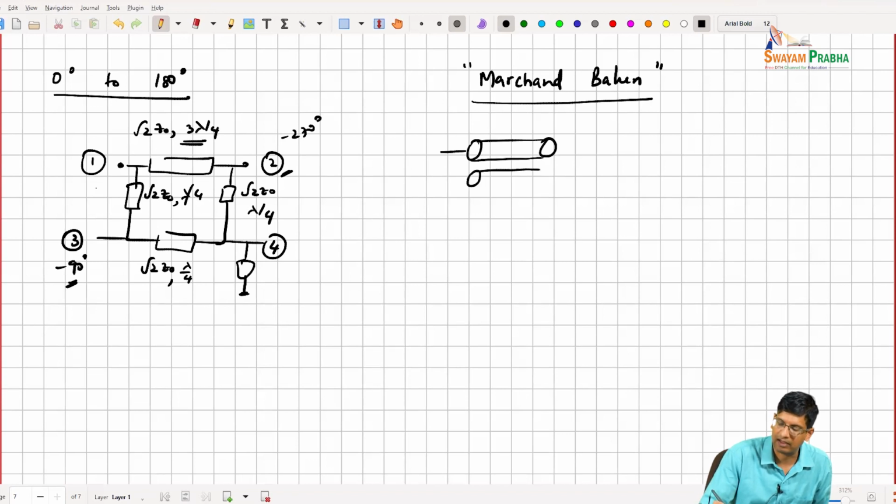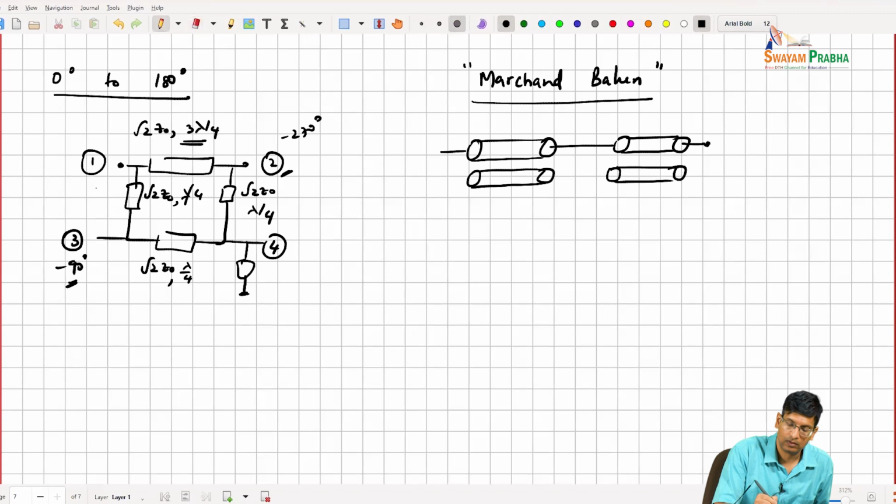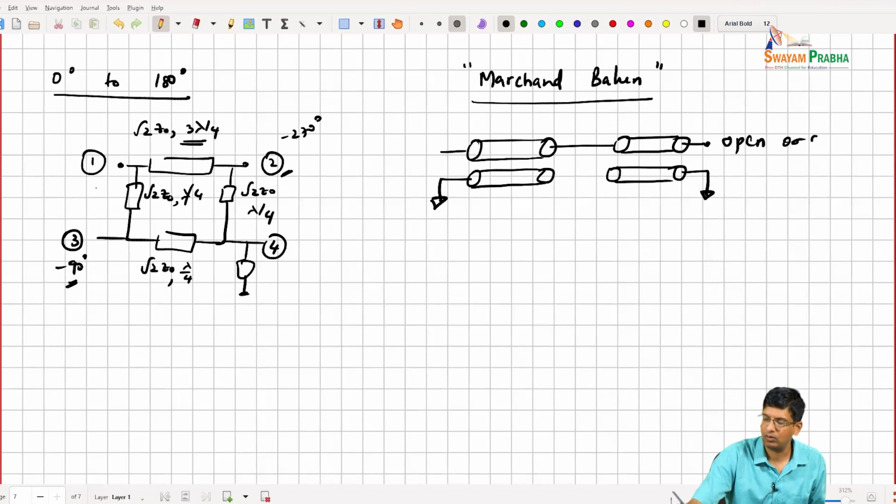So you effectively have two coupled line sections. So one like this, and then this can be an open or a short, right? We'll leave it open here, and then if you ground this and if you ground this, so this is open or short, it can work, right?